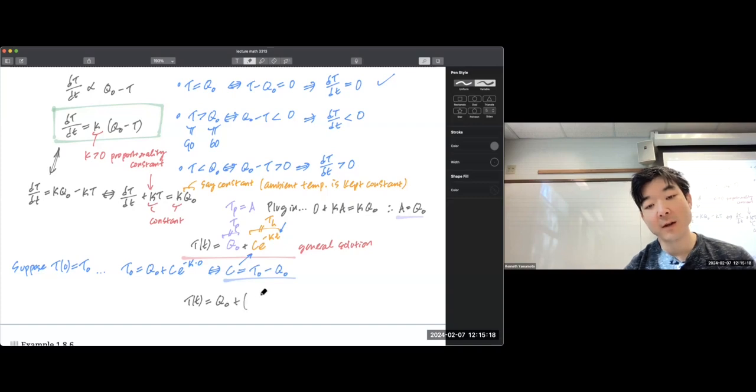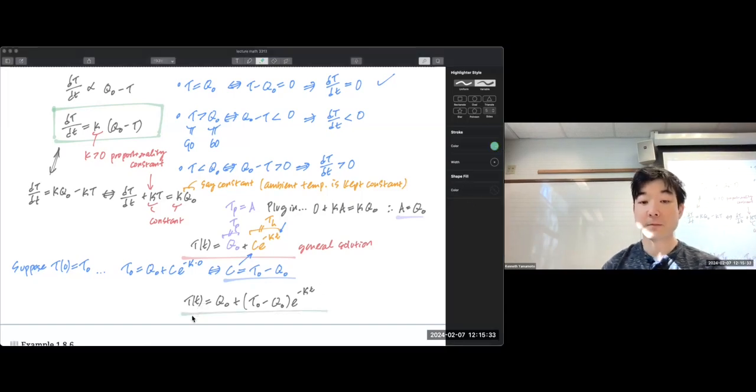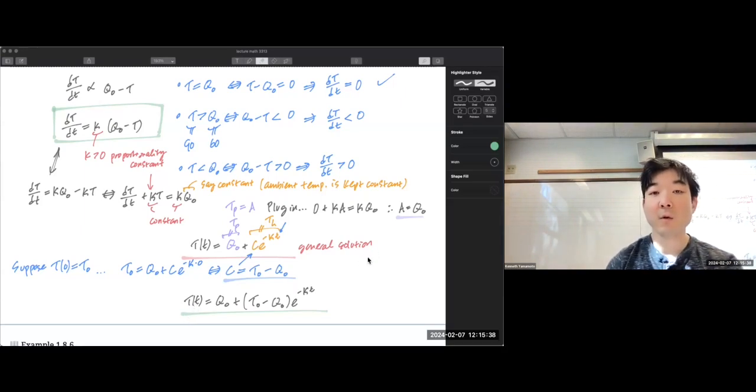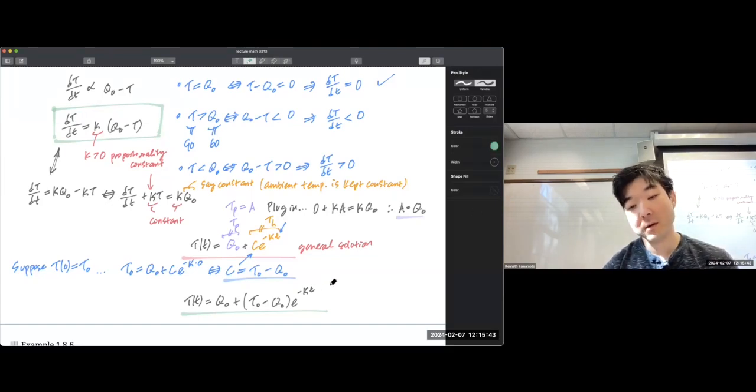If you have an initial condition like this, and you also have that the temperature of your ambient surroundings is kept constant the whole time, then this is going to be the solution, I'll just say here, only for Q naught constant, right?